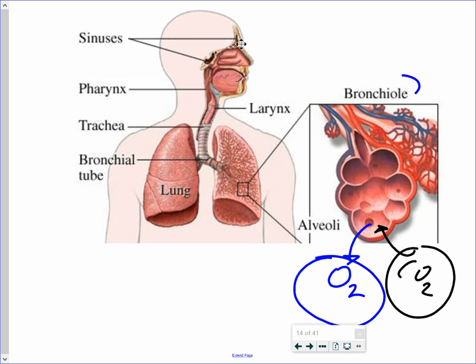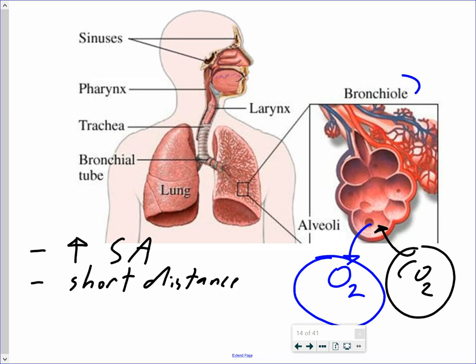In order for diffusion to be efficient, we have to have a few different criteria met. The first one I mentioned already, a very large surface area. Diffusion is only efficient over very short distances, so we need a very short distance between the blood vessels, the endothelial lining of the blood vessels, and the alveoli. And the other one is a large concentration gradient.